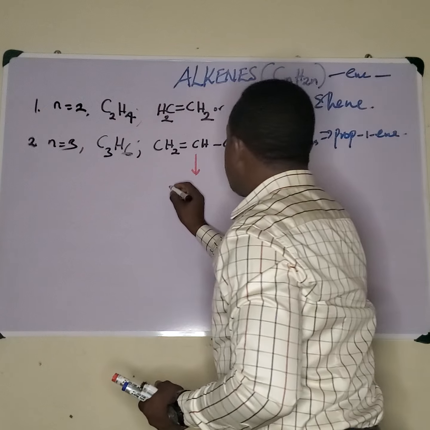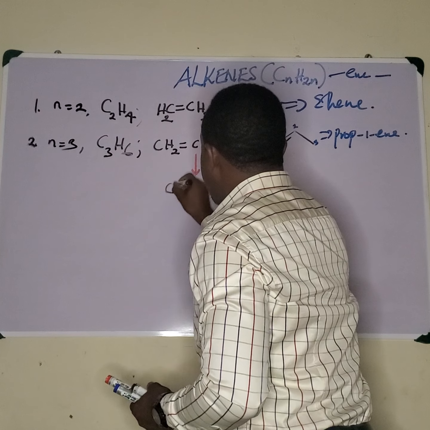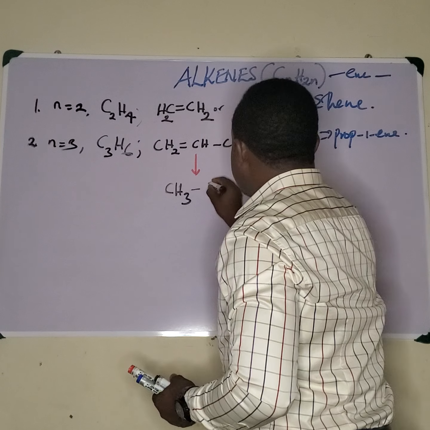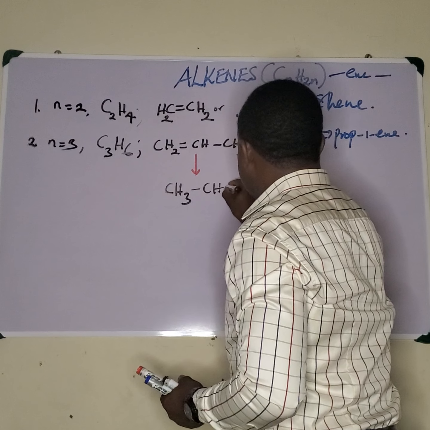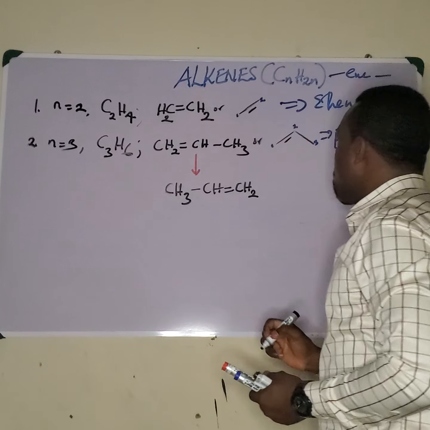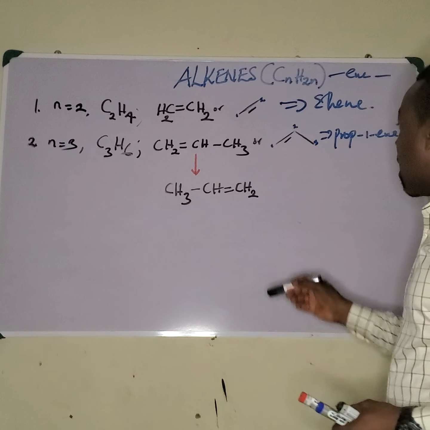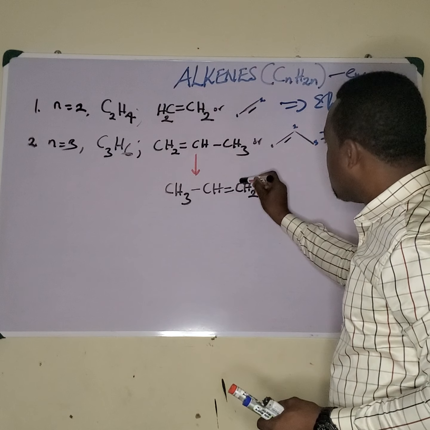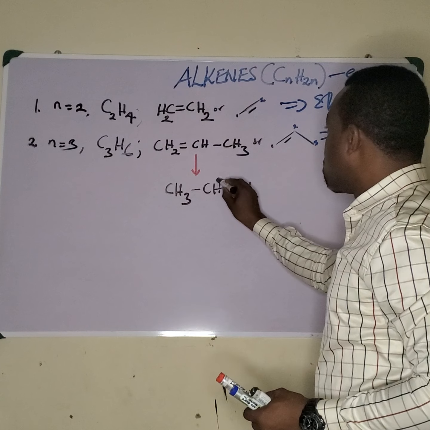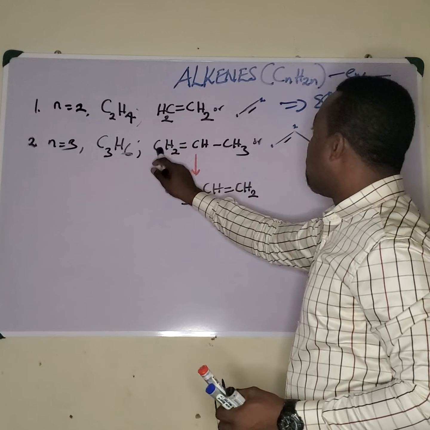So we are going to have CH3, CH double bond CH2. Now look at what we are going to have: 1, 2, 3. Remember here we have 1, 2.